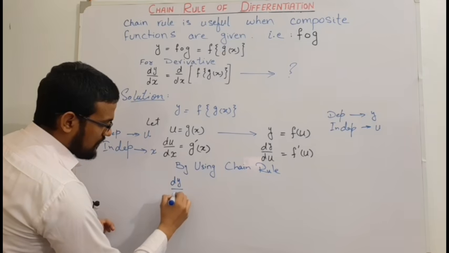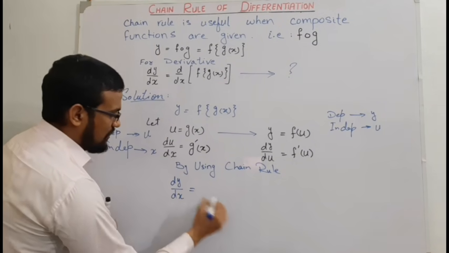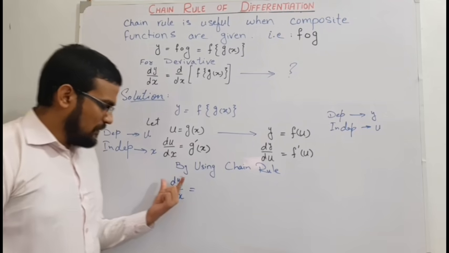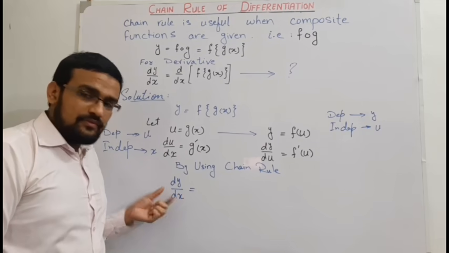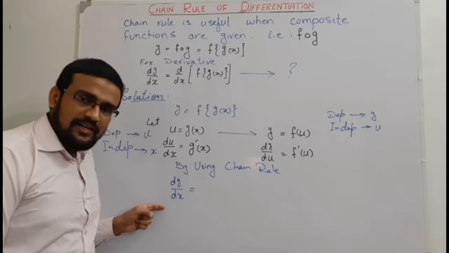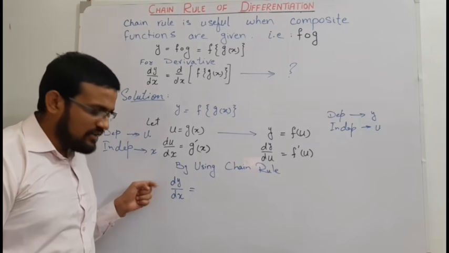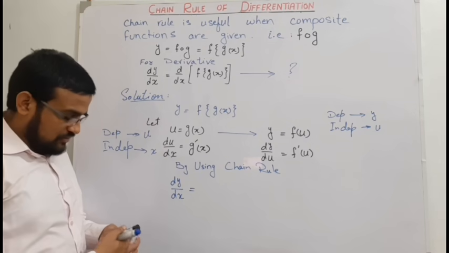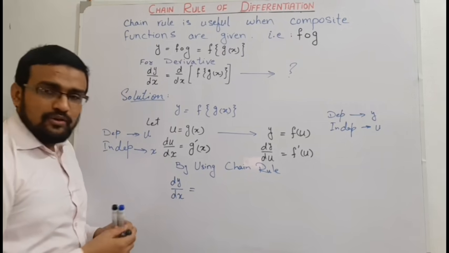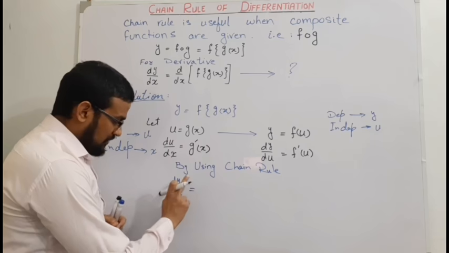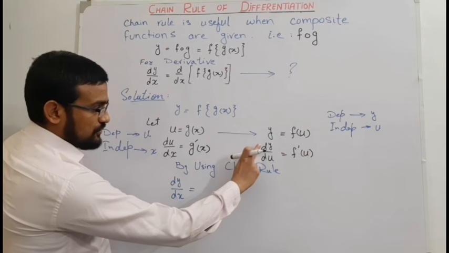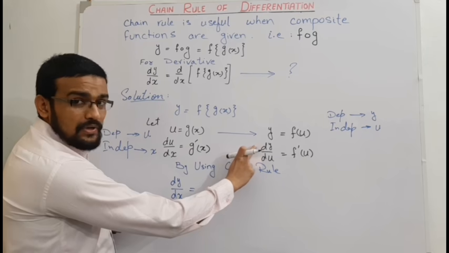Students, the most important point is that dy over dx means dy is in the numerator and dx is in the denominator. So when you apply the chain rule, dy should be in the numerator.